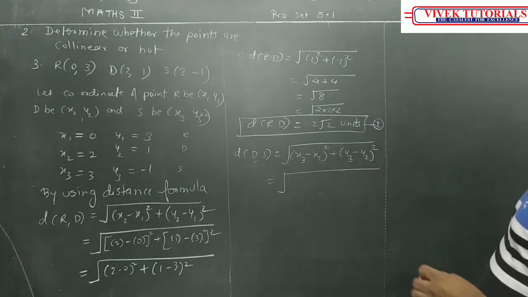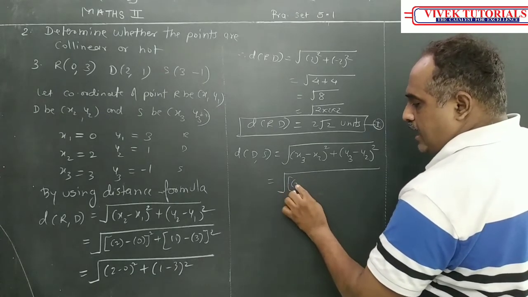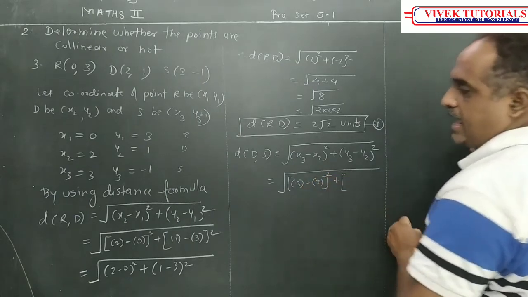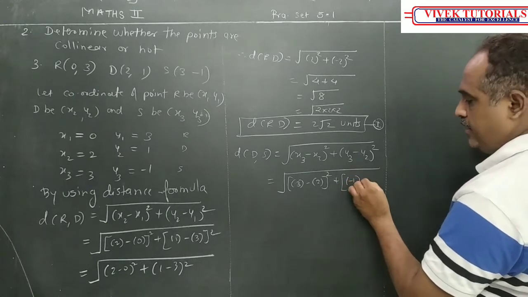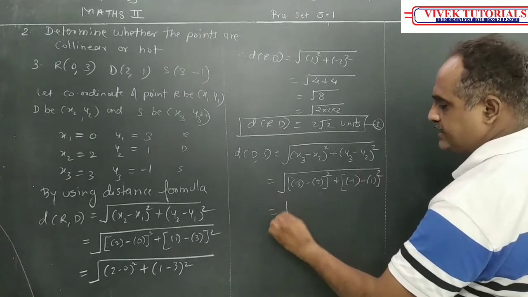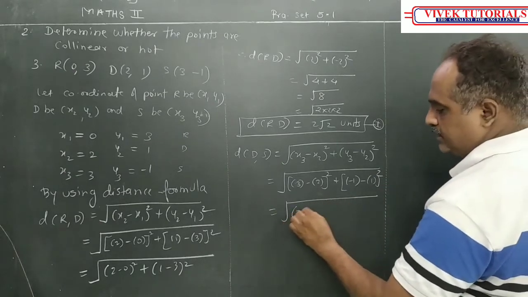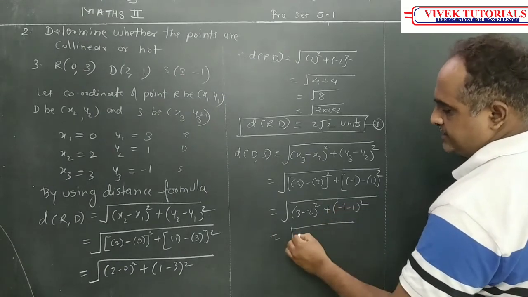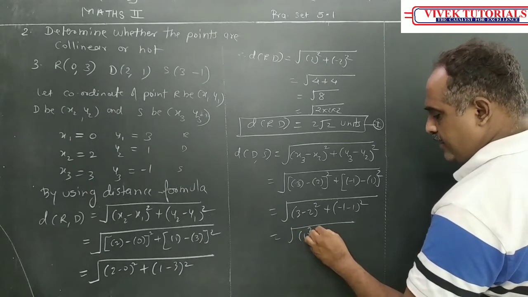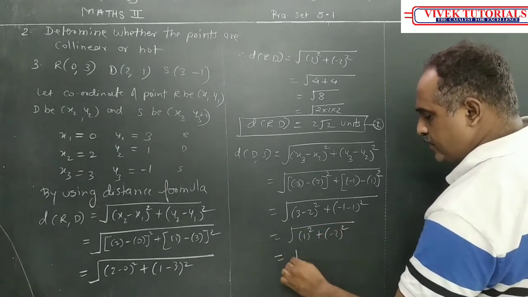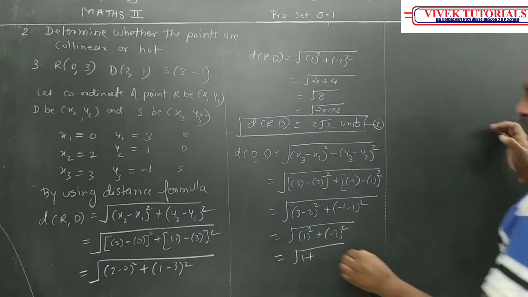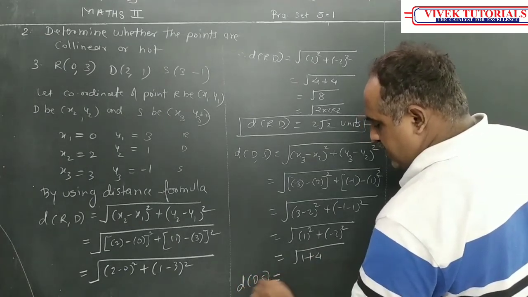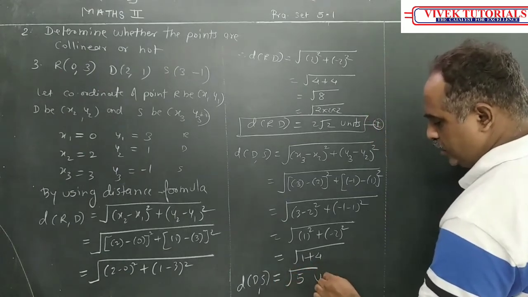The value of x3 is 3, so 3 minus 2 the whole square and -1 minus 2 the whole square, that is 1 square plus (-2) the whole square, that is 1 plus 4. So distance DS is equal to root 5 units.